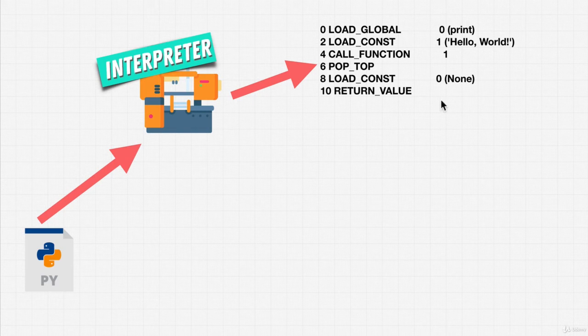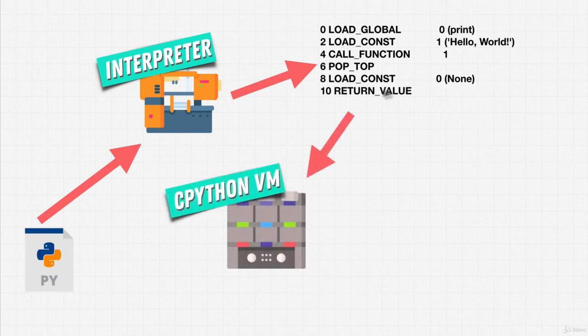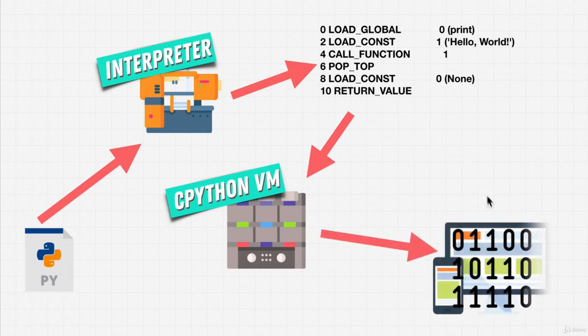Now, once it creates a bytecode that is closer to machine code, it then uses the CPython virtual machine. Again, just something that runs this code, and then this code gets run on our machine. Now, you're never ever going to be asked this question in an interview. I mean, maybe. And most developers don't know this. But I want you to use this as a reference. When we write Python code throughout the rest of this course, this is what's happening.